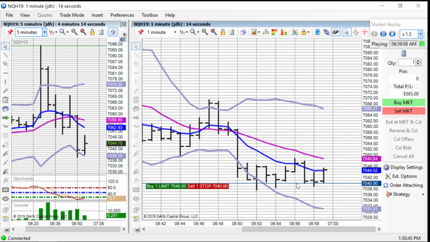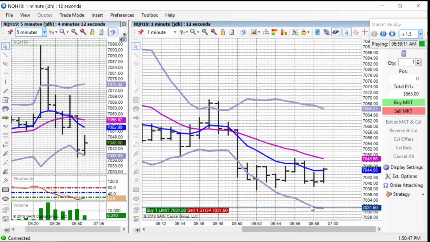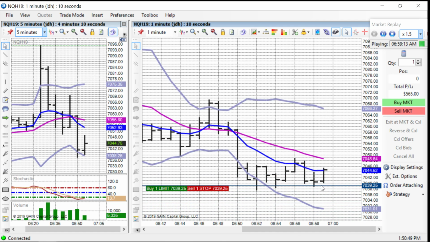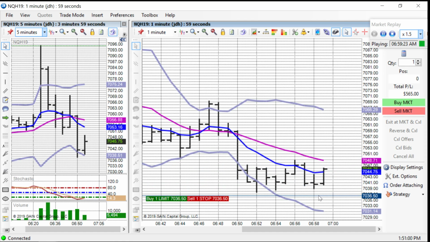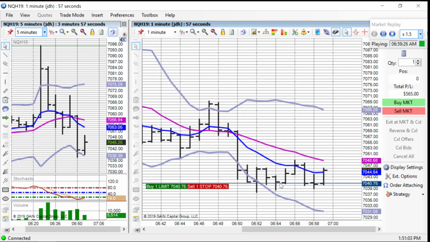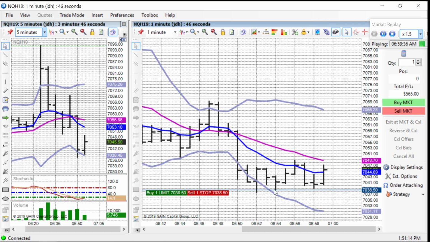So I'm afraid to speed it up because it's harder to tell when it's moving at 20 times speed. I might miss some of the minutiae here. I'm seeing this could be a 1, 2, 3 formation, but I like to see them much better formed than that, where the 1 point would be much lower for a 1, 2, 3 bottom.